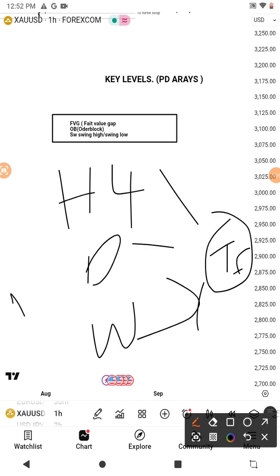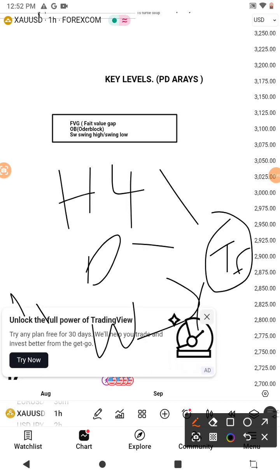A fair value gap refers to a price gap created by aggressive buying or selling pressure. This imbalance indicates strong institutional activity, which means it is very valuable.